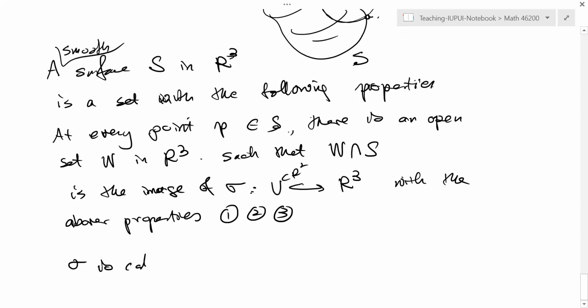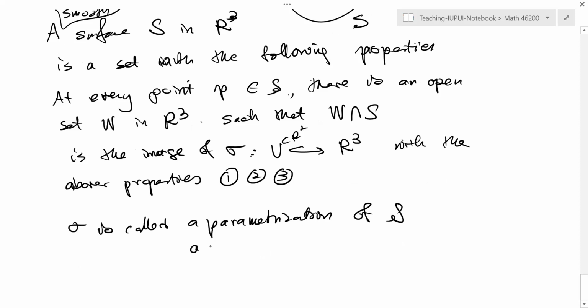Sigma is also called a parametrization of the sphere. This is also called a surface patch.